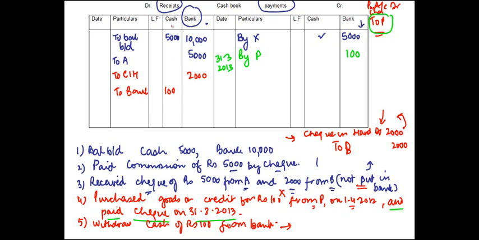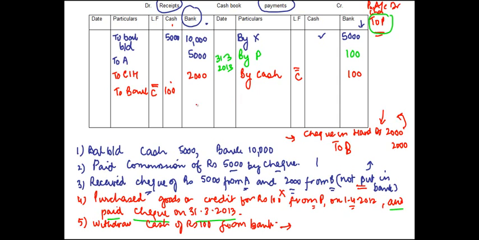I have received cash, so I have put it into the cash column. And here I will receive by cash in the bank column 100. Now one of the interesting things that you need to note here is that these entries are not posted in the ledger. So in the ledger folio you write C, which basically means that this entry is contra. Both the debit and the credit impact are given here only, so there's no further posting which is required.